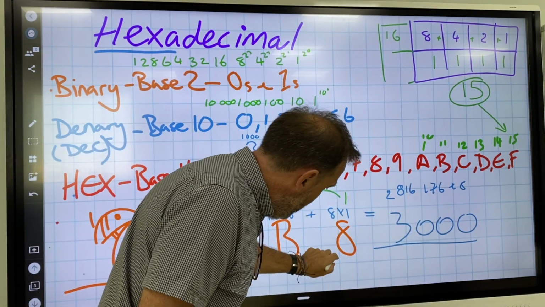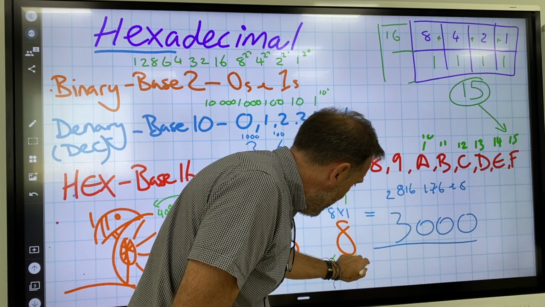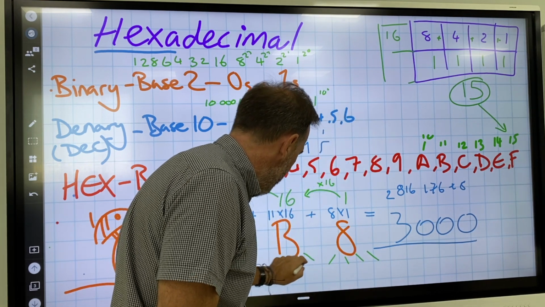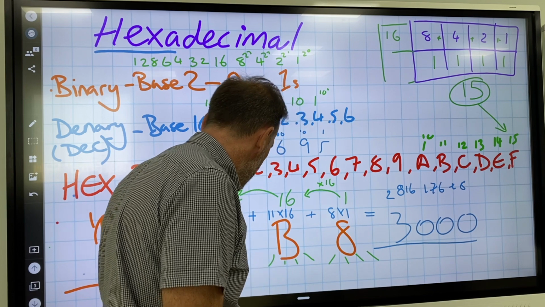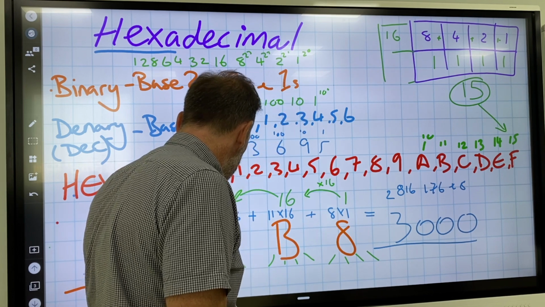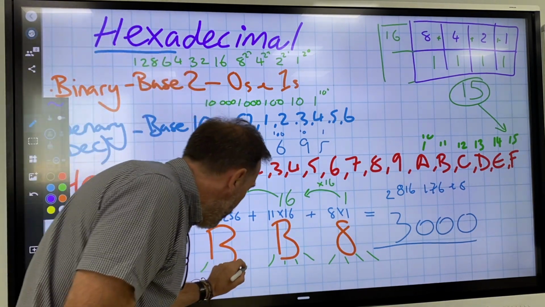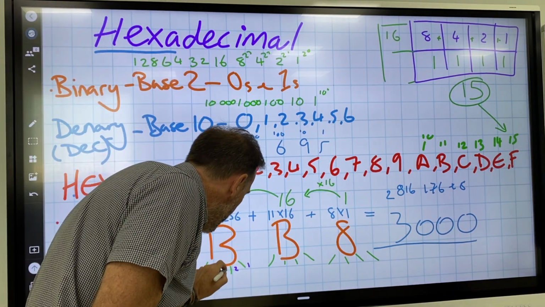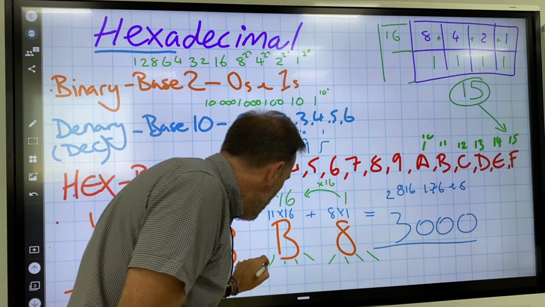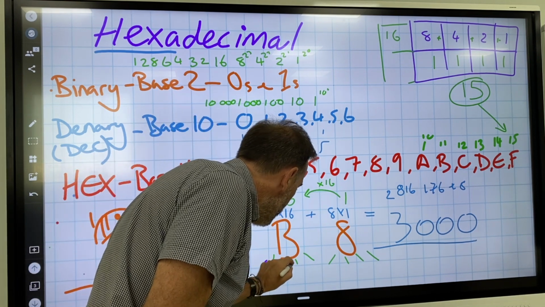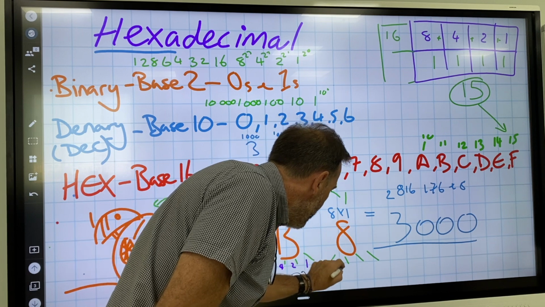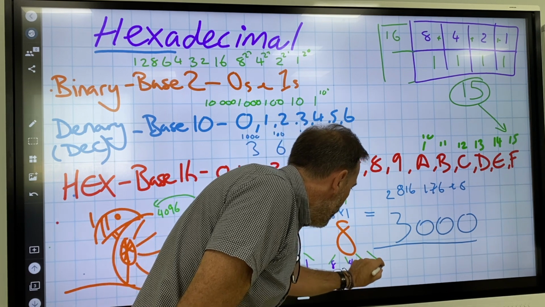I'm going to go and draw some little eyelashes onto each of the letters. 4 little eyelashes. Each one represents a nibble. So 1, 2, 4, 8. 8, 4, 2, 1. 8, 4, 2, 1.